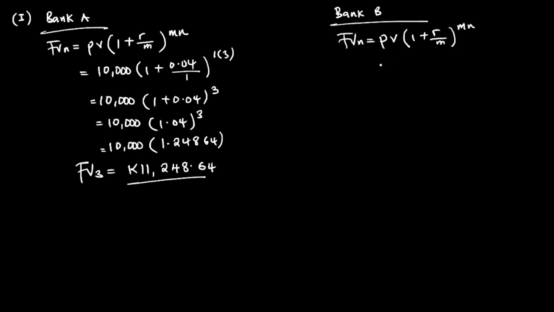Our present value is 10,000, 1 plus the rate 0.04 divided by 2, because the number of conversions in that year is 2.